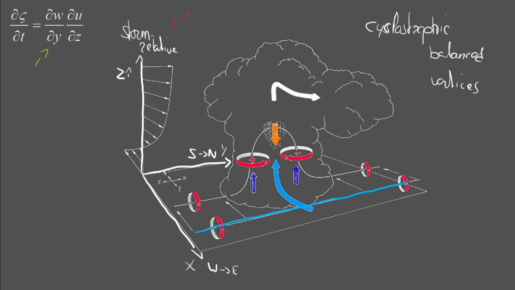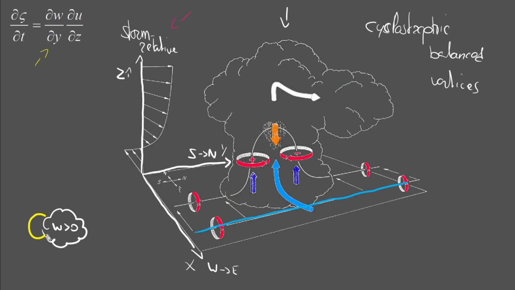Now, if you look at it from the top, let me draw an arrow here. If you look at it from the top, you actually have your thermodynamic updraft here. This is the thermodynamic updraft where w is greater than 0. You also have here a rotation center. Let me draw a different color here.